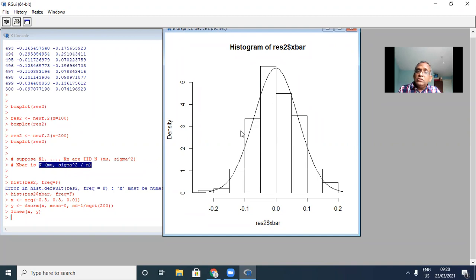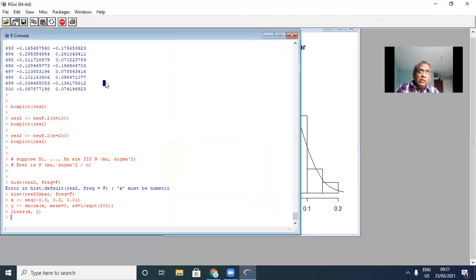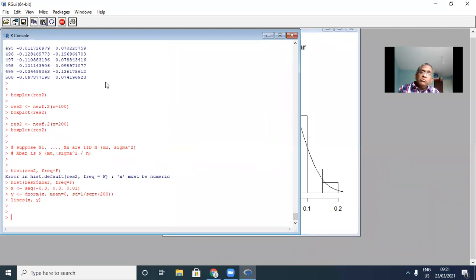So they do match up closely, as they should. Are you guys okay with this or not? Talk to me, guys. Okay. Good.